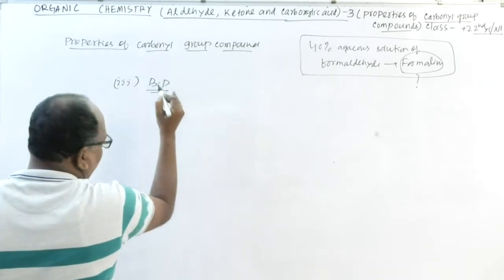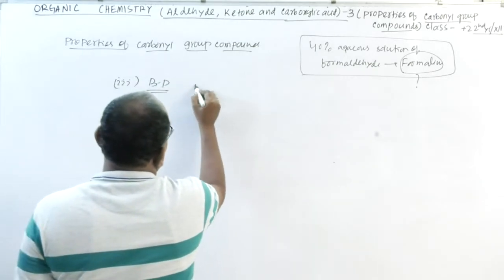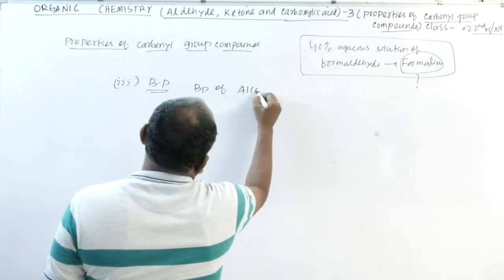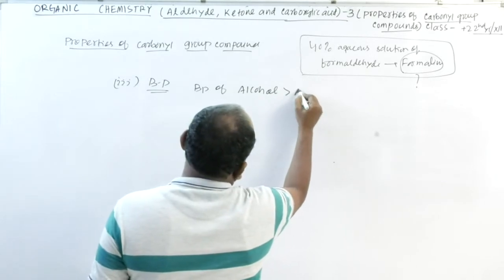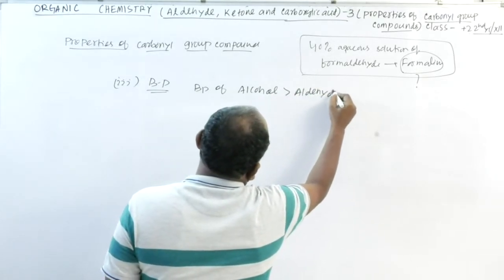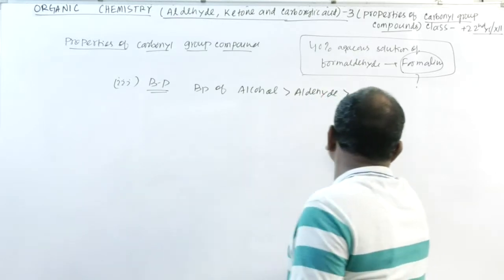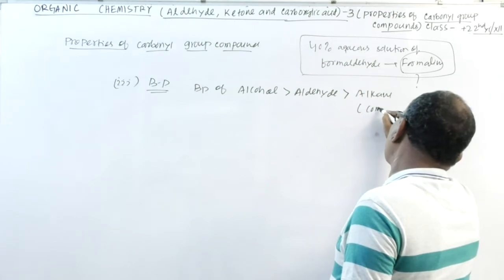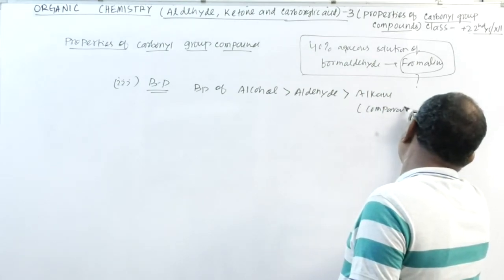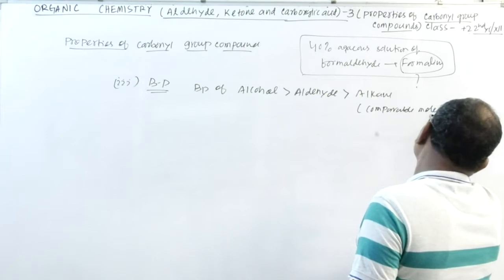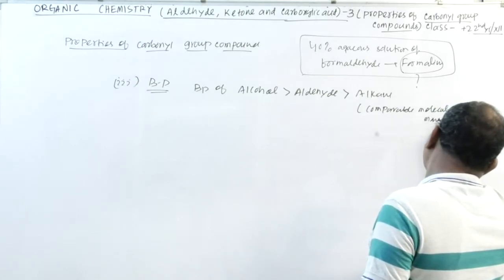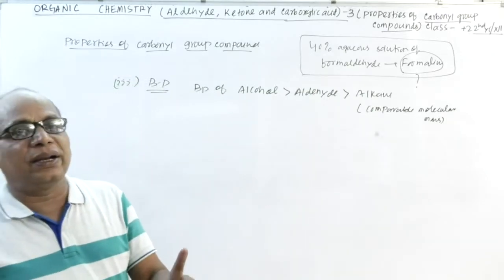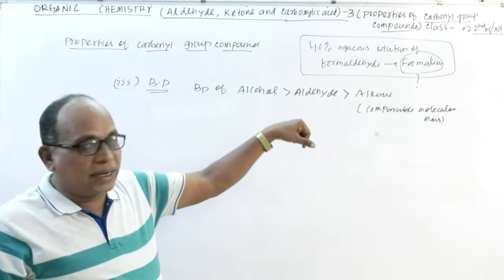When we consider boiling point, the boiling point of alcohol is greater than aldehyde, which is greater than alkane, with comparable molecular mass. Why does the alcohol have a higher boiling point than the aldehyde and the ketone?